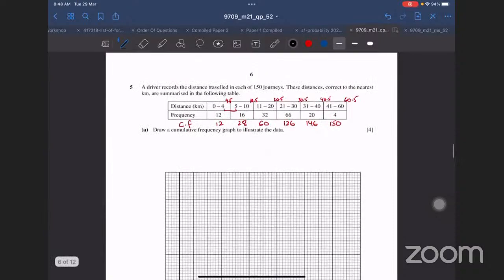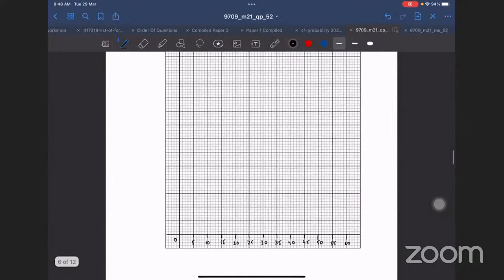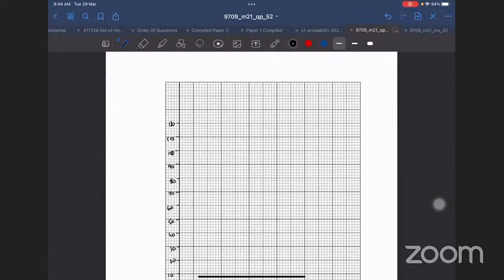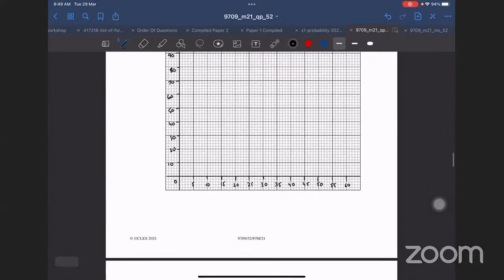The cumulative frequency goes up to 150. So I think I will have to do this 10, 20, 30, 40, 50, 60, 70, 80, 90, 100, 110, up to 150. This is CF, and this is distance. Let's label this distance.